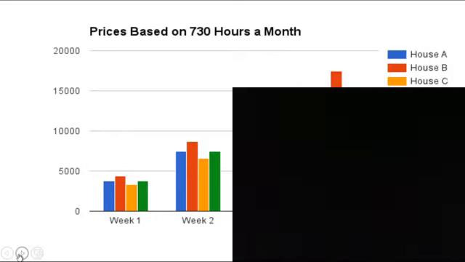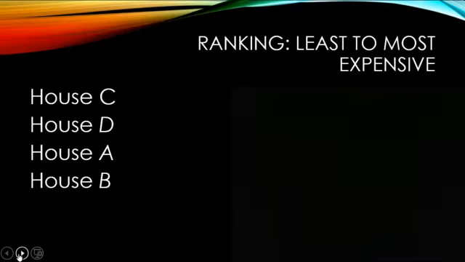We plugged in 182.5 in each one of the equations for up to 4 weeks, and as you can tell, you can see which house was the most expensive out of them all, which was house B, and the least expensive was house C. The numbers on the side are US dollars, so 20,000. This is the overall ranking for the houses in case you wanted to pick more than one: C, D, A, and B.